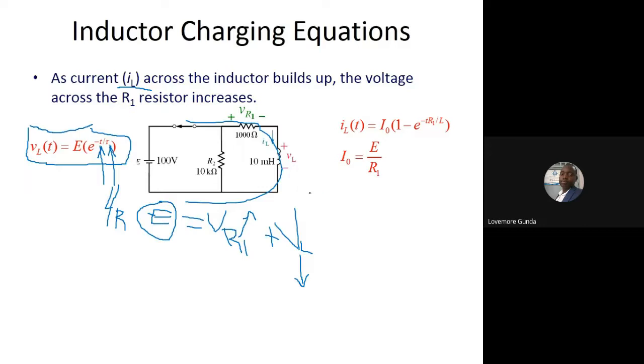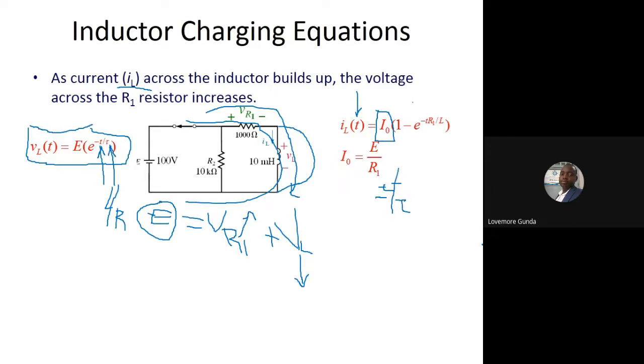Then the current, as the voltage decreases, we say the current will start to increase in this direction. And at any given time t, the current becomes equal to I naught, which is the maximum current when this is a short circuit, multiplied by 1 minus exponent of minus t over tau.